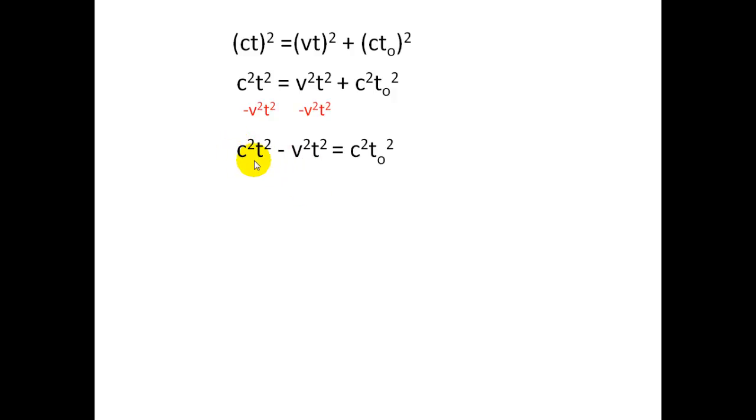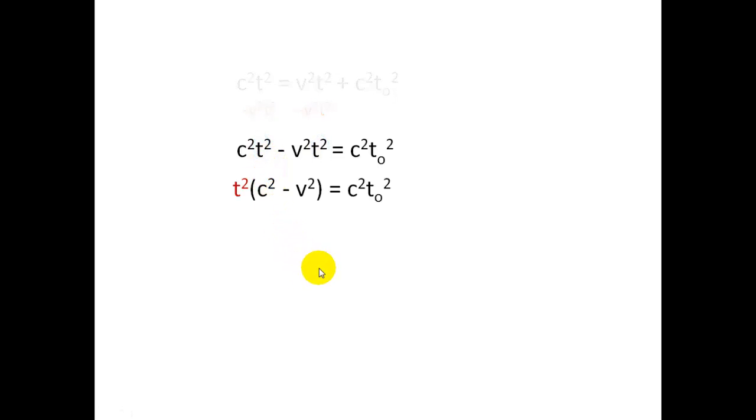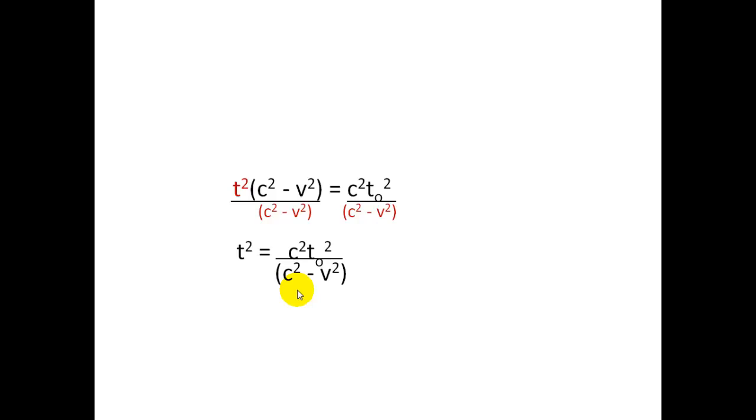But we want to solve for t squared, and we can see that t squared is in both of these terms, so we're going to factor that out. And now we want to isolate t squared, so we need to get rid of this term here by dividing both sides, leaving us with this expression here. Now, we want t related to t naught, and we have t squared related to t naught squared. And so we're going to square root both sides, and we're left with this expression here.